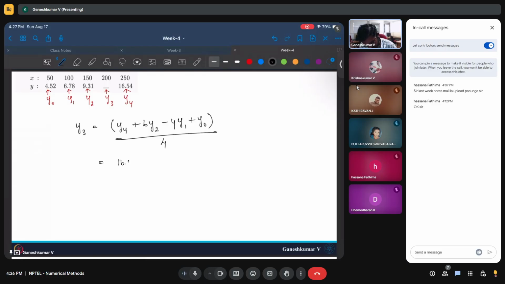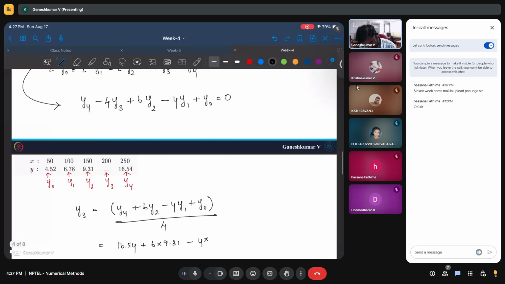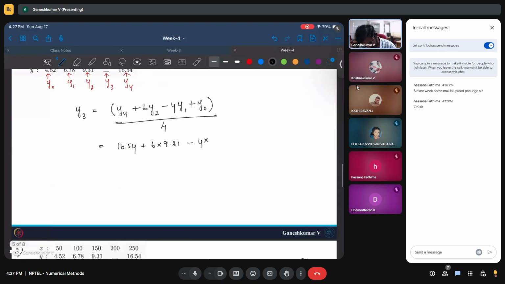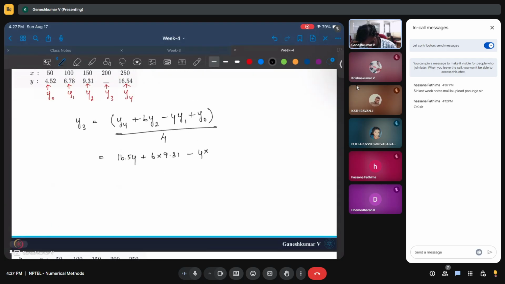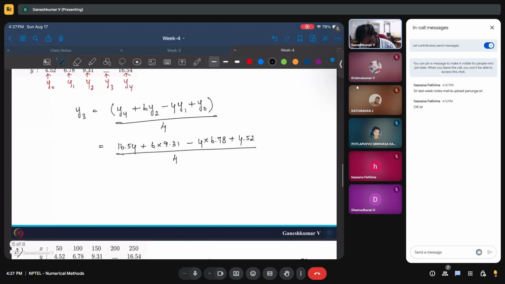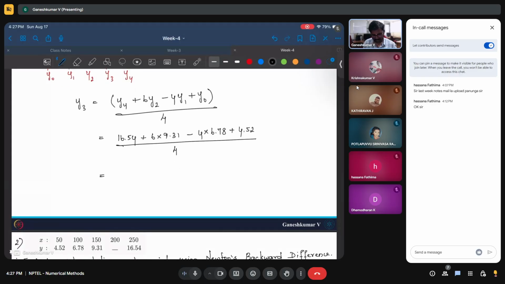So can someone substitute and let me know what the answer is? It's going to be 9.31 minus 4 times, did I do it right? Yeah, minus 4 times y1 is 6.78 plus 4.52 divided by, how much is the answer going to be?